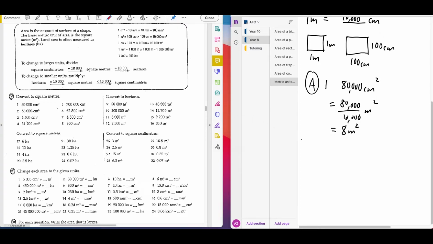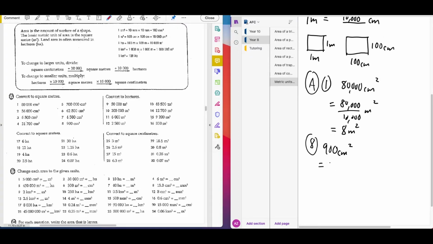Let's do question 8. Convert to square meters. So 900 centimeters squared is how many square meters? Well, if you see here, to convert from square centimeters to square meters, you just divide by 10,000. So you basically do the same as question 1 here.